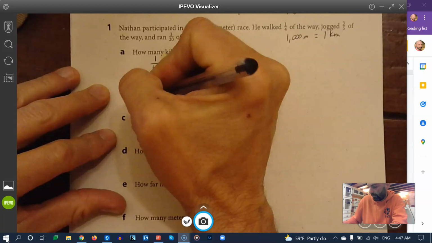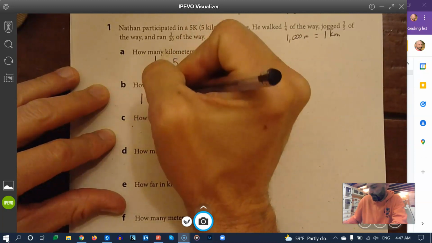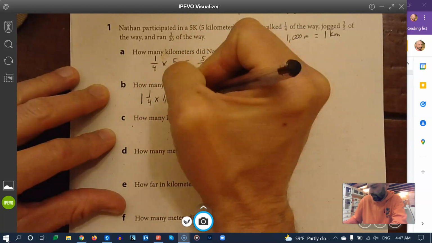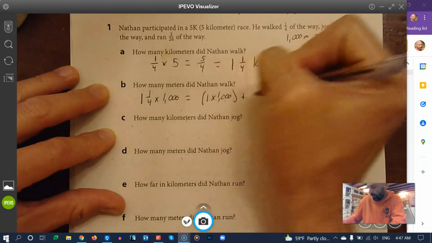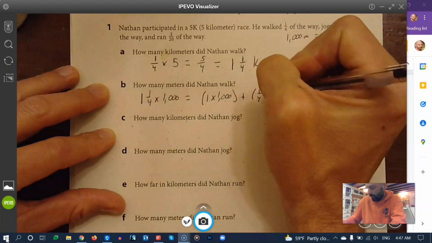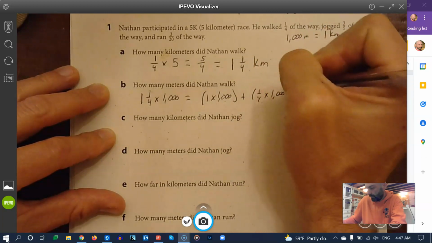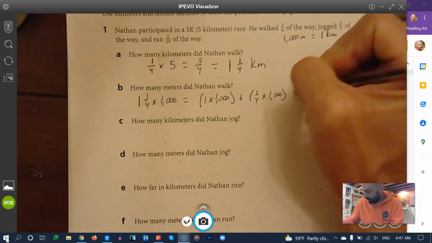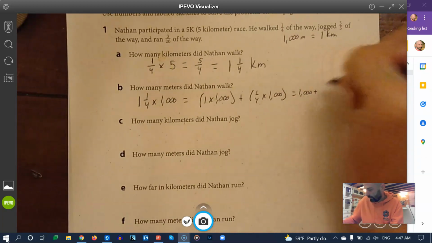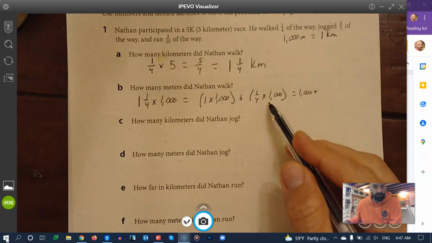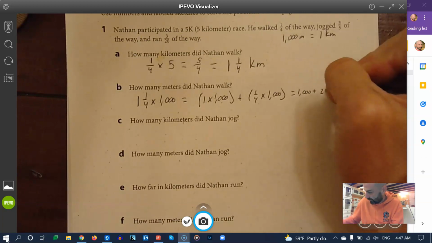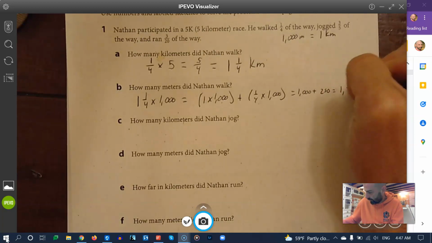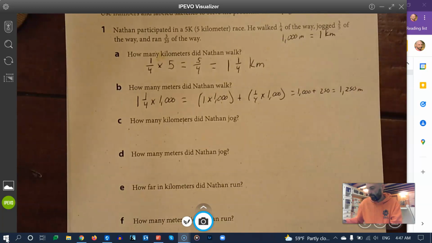So this is 1 1/4 times 1,000, which equals 1 times 1,000 plus 1/4 of 1,000, which equals 1,000 plus, and what's 1/4 of 1,000? It's 250. So half of 1,000 is 500, half of that is 250, which means that he walked 1,250 meters.